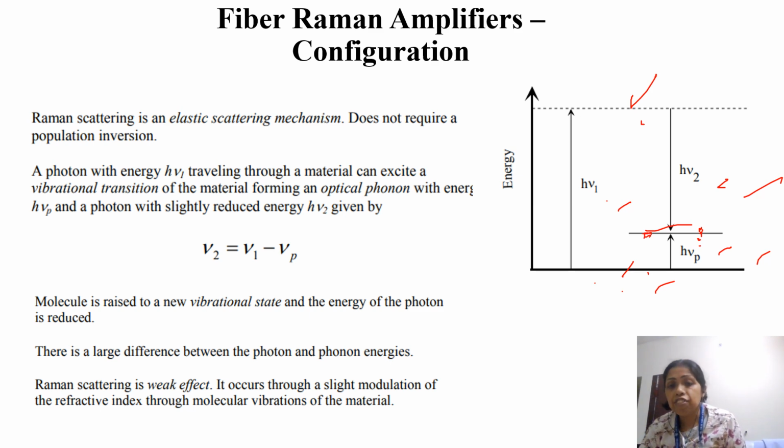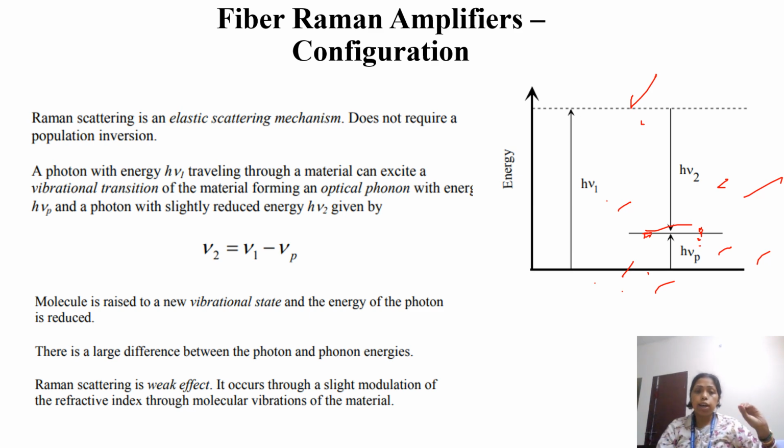Electrons are going from this level to a higher state, and after some time the electrons will come from the upper energy state to this lower vibrational energy state. You can see this is h nu 2, and we are getting h nu 2. This h nu 2 is less than h nu 1. In the equation you can see v2 is equal to v1 minus vp.